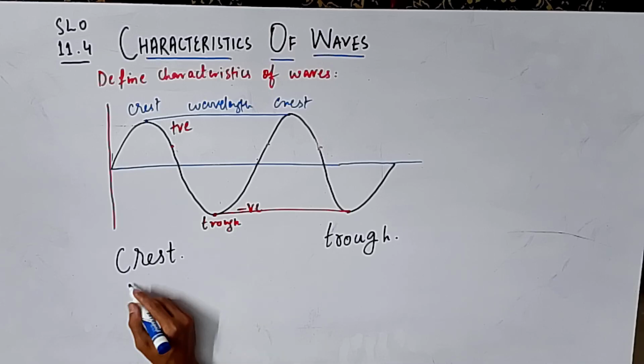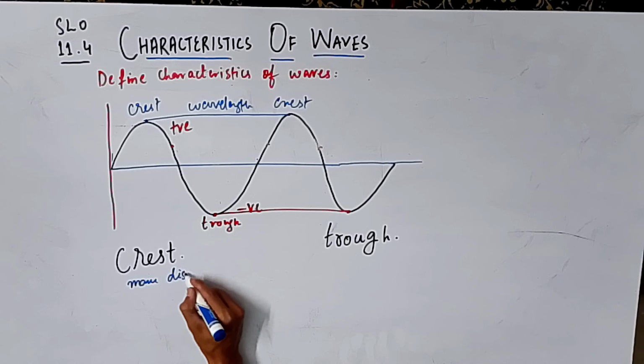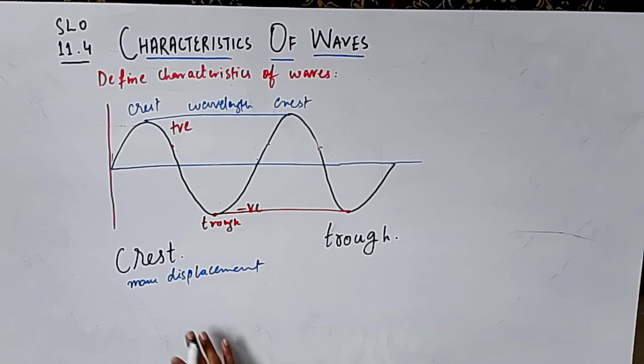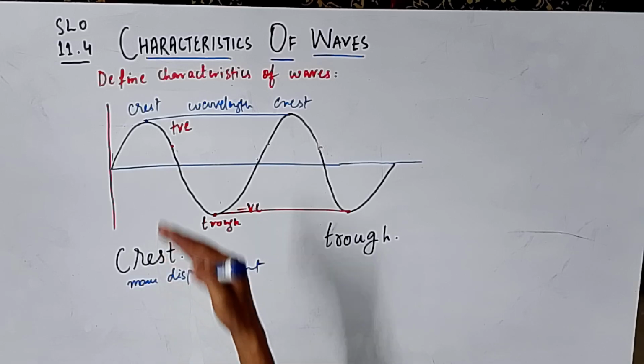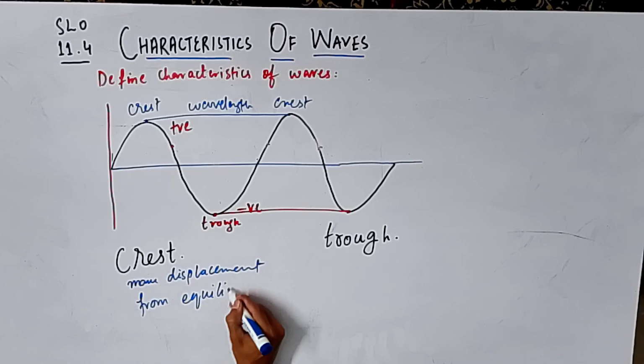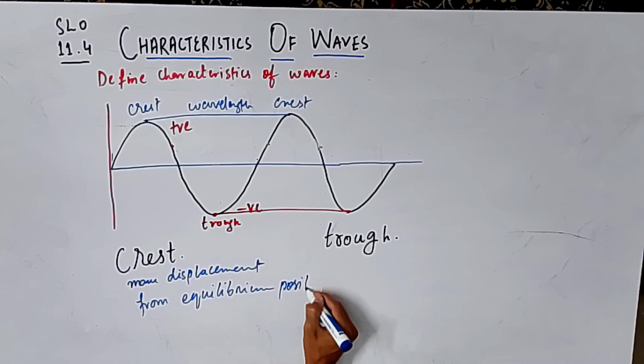By the definition you can write maximum displacement. So the words are the same, maximum displacement for both. Maximum displacement covered by a wave towards the positive side is called the crest. But from where? From the equilibrium position.